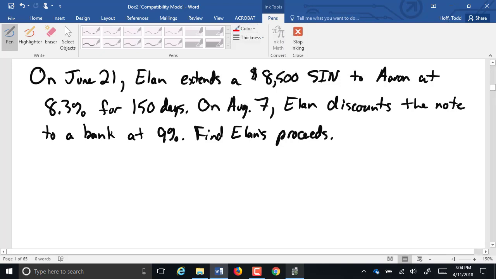Now, obviously the difference here is I gave you dates rather than days. What is June 21st if we look up our little calendar? 172, good. August 7th? 219. Okay. Step one here is still going to be finding the maturity value of that simple interest note. Nothing is going to change here.